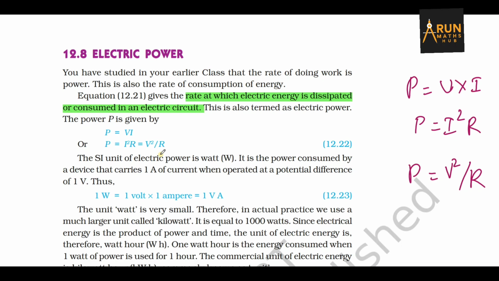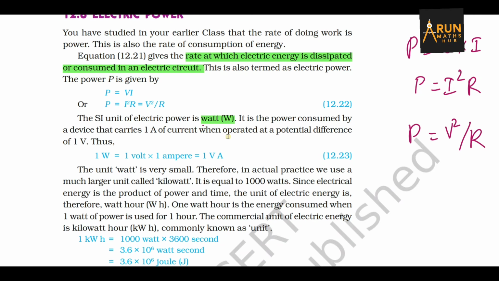What is the SI unit of power? The SI unit of power is watt. Define 1 watt. 1 watt is defined as what? If an appliance consumes 1 ampere of current when it is operated at a potential difference of 1 volt.